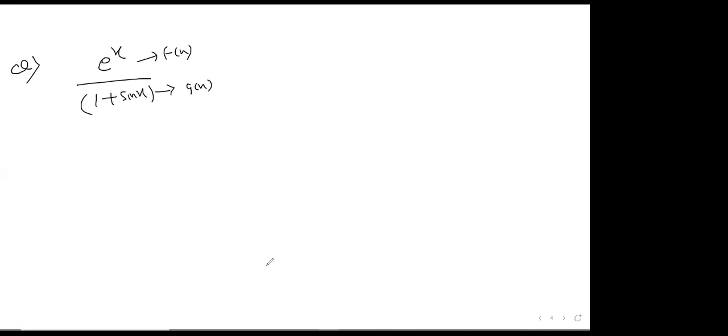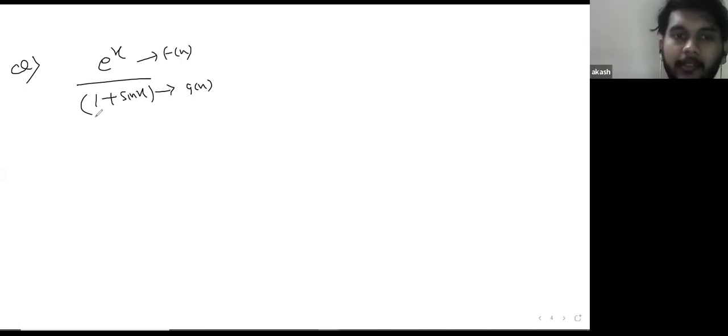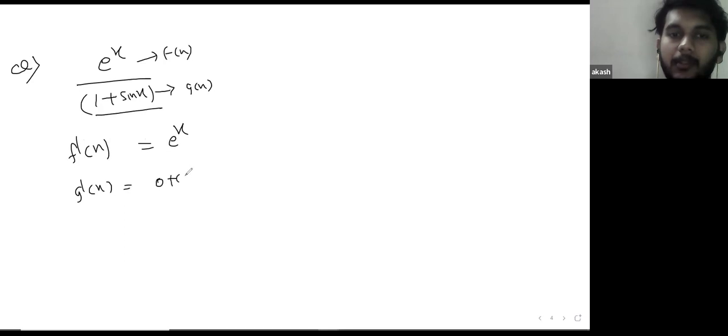Alright, so how can you solve this? Let's try to find f dash x first. So f dash x will be e raised to the x only. G dash x, this is g of x, so this will be 0 plus cos x. That means cos x.